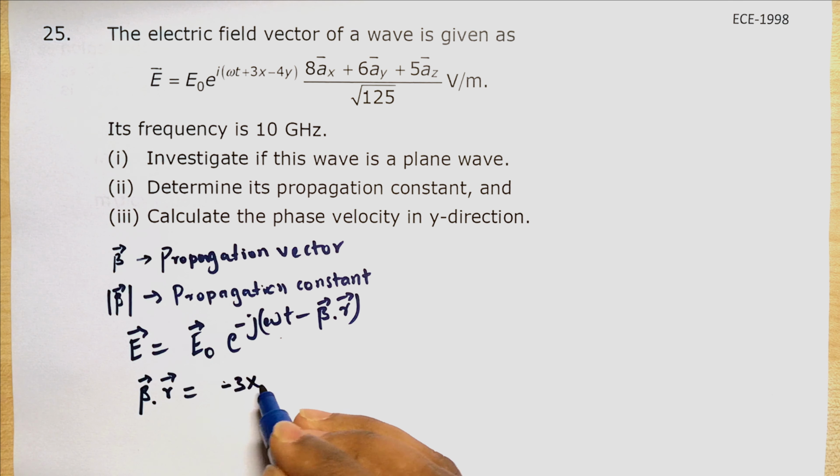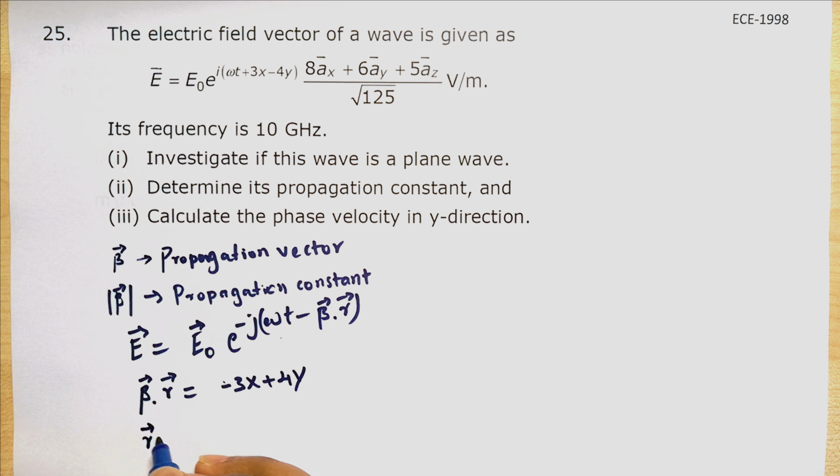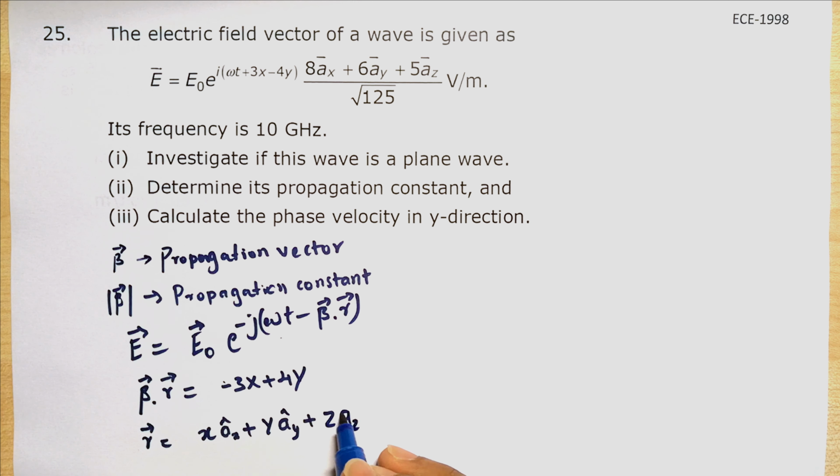minus 3x plus 4y. We know that r is x ax plus y ay plus z az.